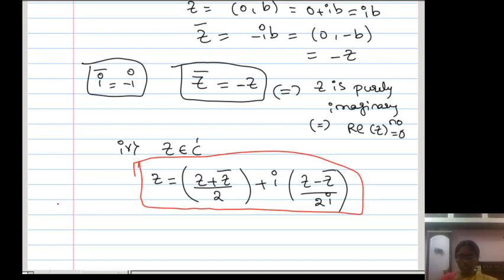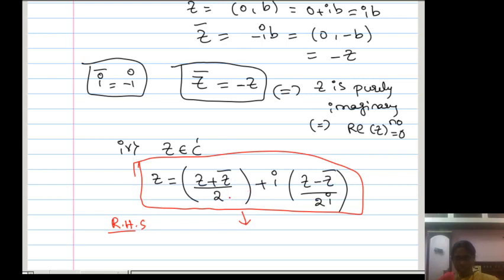Yes. Why? You can take the RHS. Observe properly. Z plus Z bar by 2 plus i into Z minus Z bar by 2i. The i cancels on this side. What is happening? Z minus Z bar by 2. Then adding: Z by 2 plus Z by 2. What happened? 2Z by 2. Z bar by 2 minus Z bar by 2 cancel. Then what is left here?